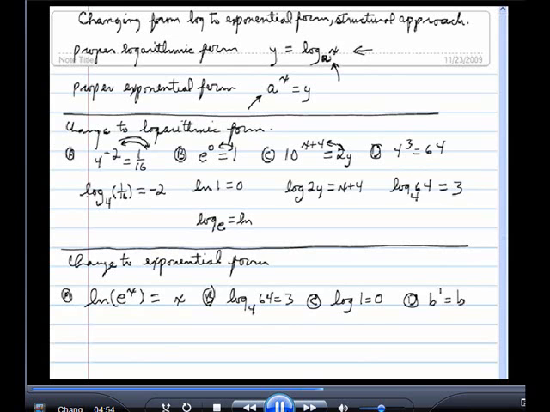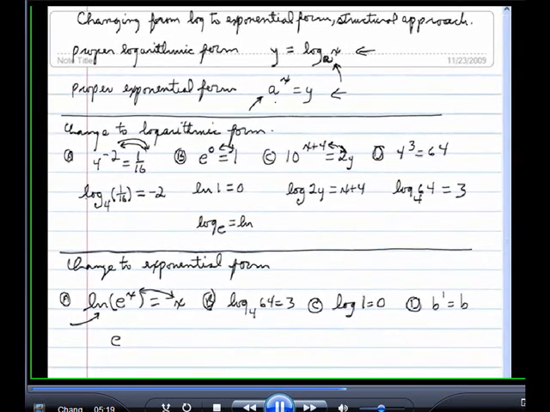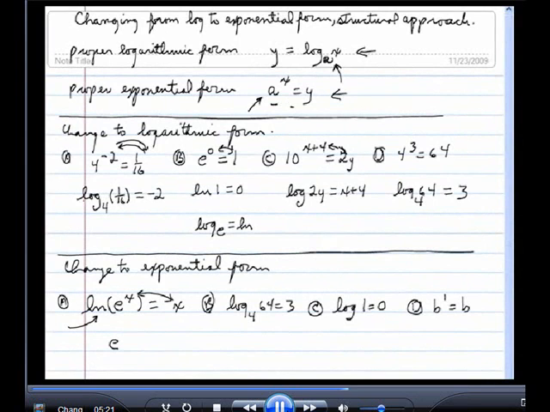Now let's take a look at the same problems worked going from logarithmic to exponential form. In this case, again, we're going to switch the upper numbers and maintain the base. In this case, the base is invisible. The base is e because we're doing a natural log. So I'm going to have a base e, and if you look at the exponential form, the base is on the same line as the equal sign and the y.